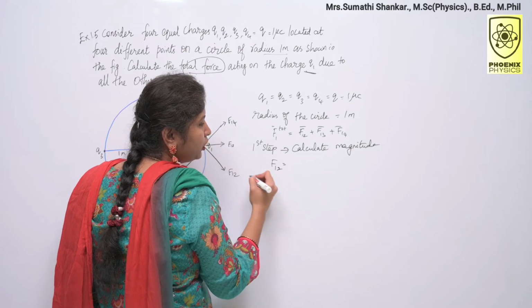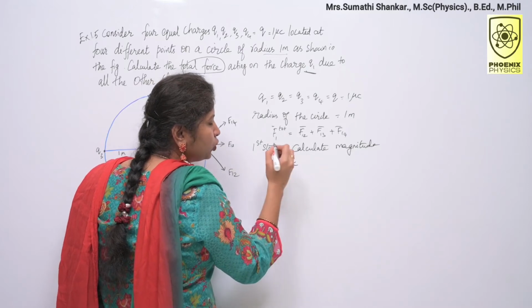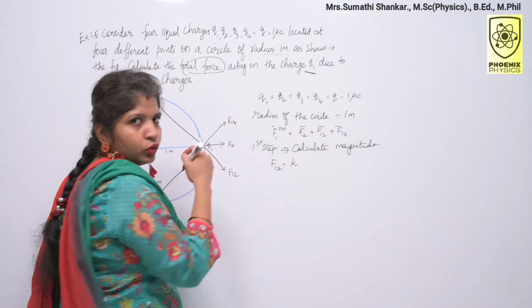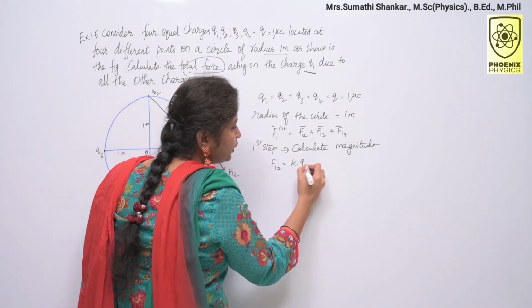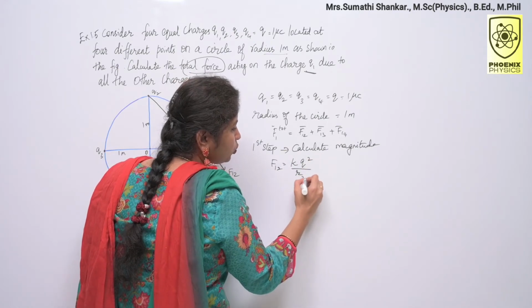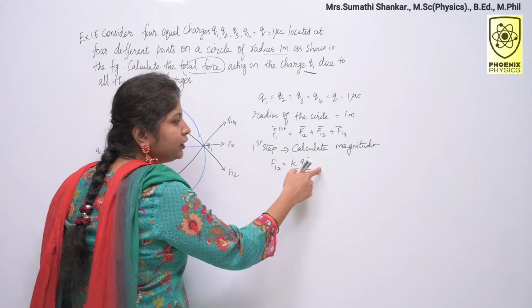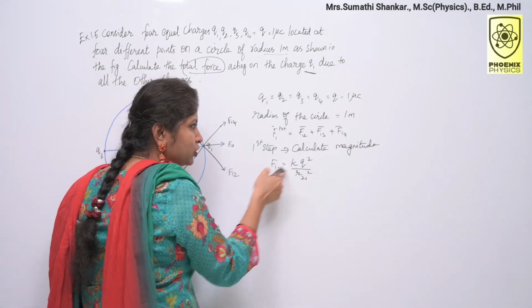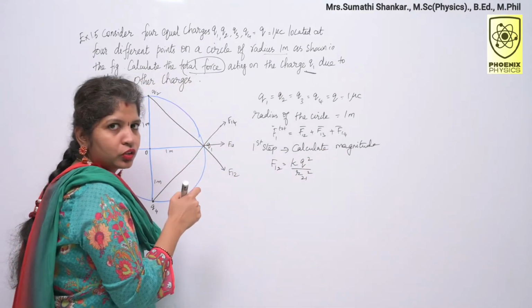What is the formula? K Q1 Q2. Here Q1 is equal to Q2, that is equal to Q, right? So you can simply write K Q square divided by R21 whole square. I didn't write the R21 unit vector because I am considering only the magnitude of the force.